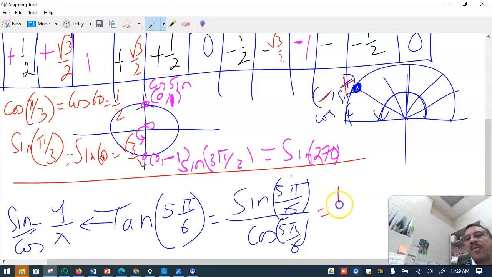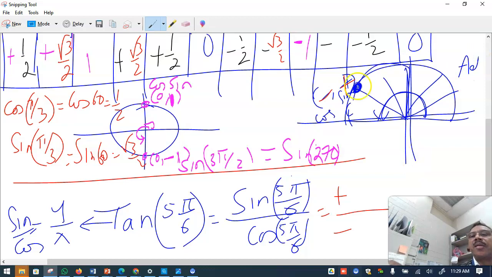The top is plus, the bottom is minus. In the second quadrant, we know 'all add sugar to coffee': sine is positive, and that means tan has to be finally negative. But you can find sine of pi by 6 without remembering the unit circle. Sine 30 is half, so just put 30. That's it.